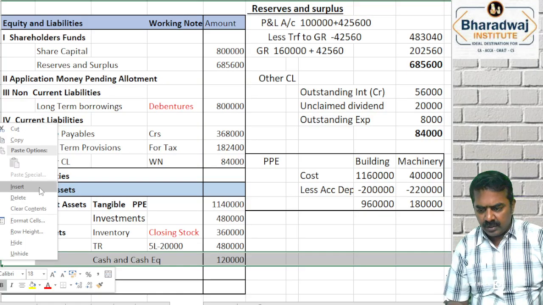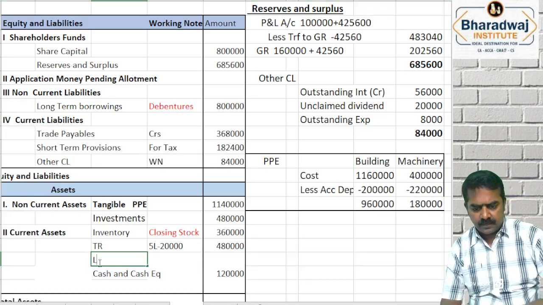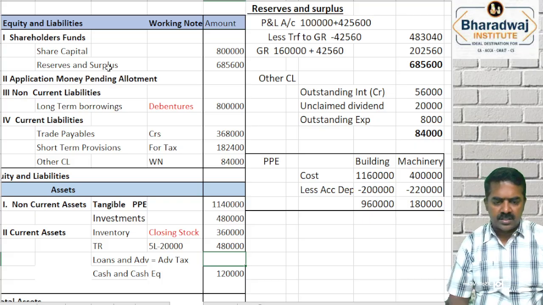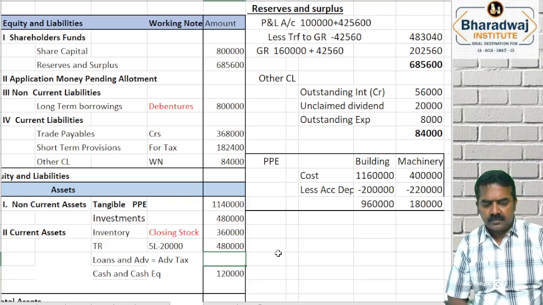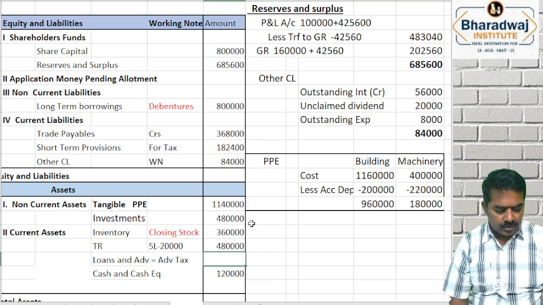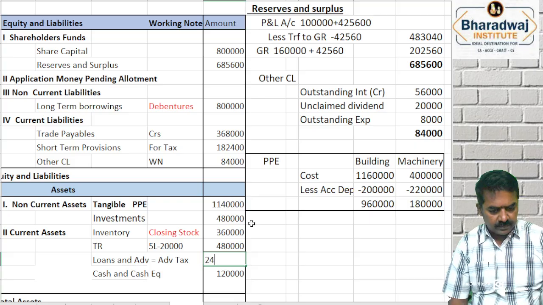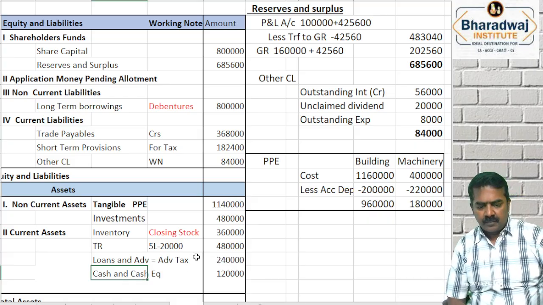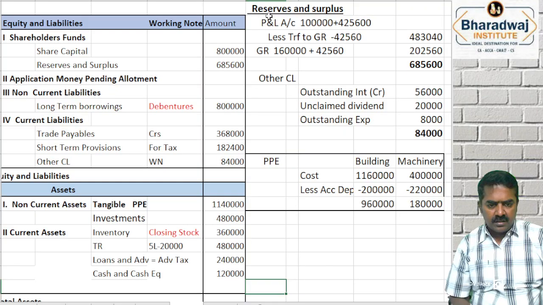One more line item you have to include is loans and advances. The advance tax. How much advance tax has been paid? 2 lakh 40, sir, 2,40,000. Is there any prepaid expense or something like that? Check if there is any prepaid.